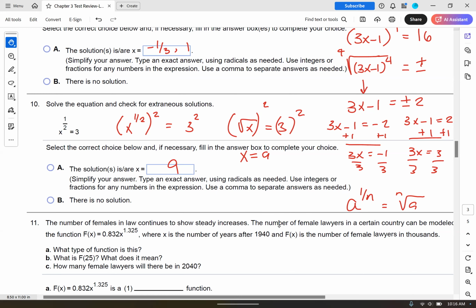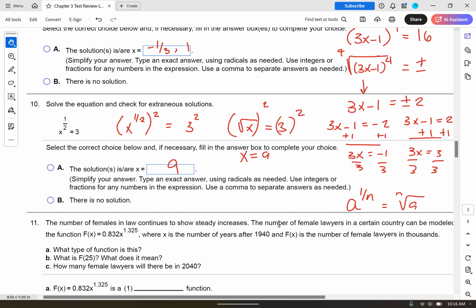Oh, still 32. Boo. Now we should be good. Okay, so where is it intersecting? Looks like it's intersecting at 9 to me. But what I can do is calculate that, second calc, intersection, number 5, enter, 9.